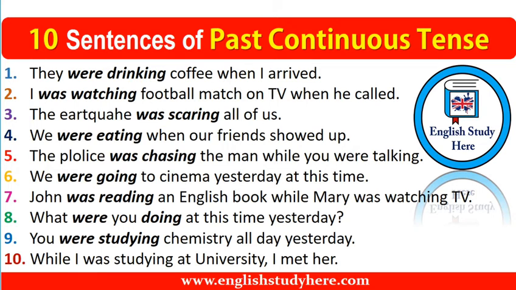Was or were plus verb plus ing. Where do we use was and where do we use were? Was we have to use with all the singular things, like he, she, it, and we use were with they, we, you.